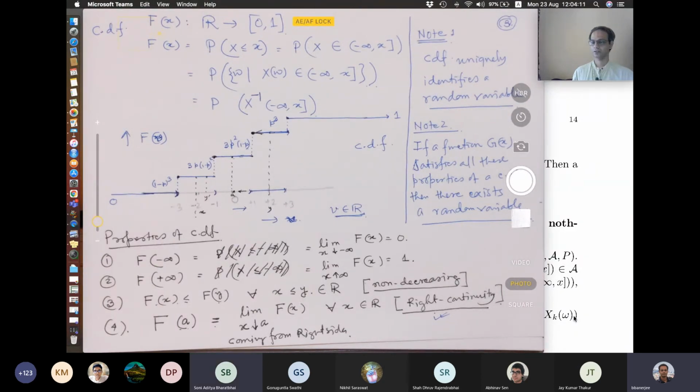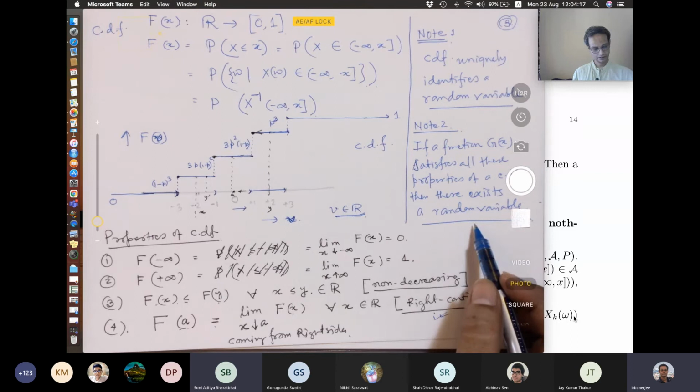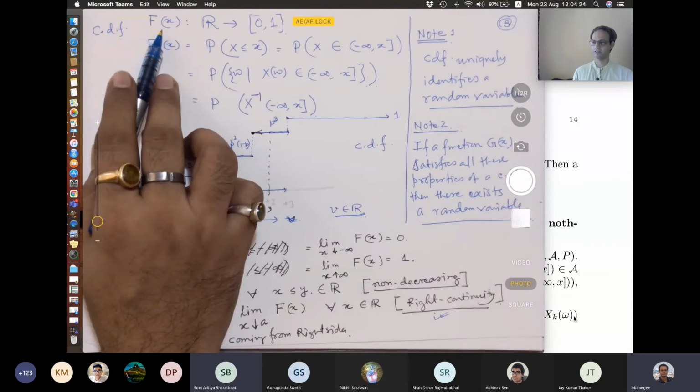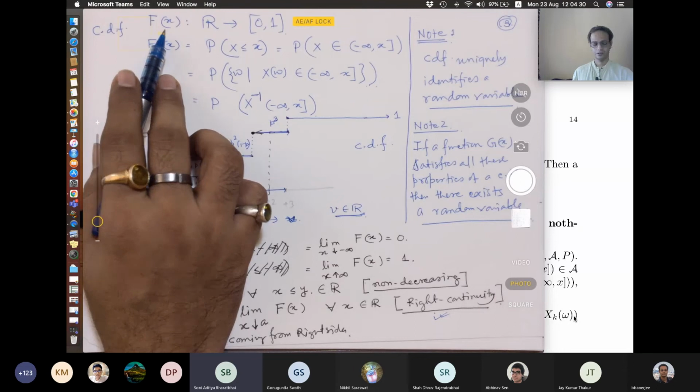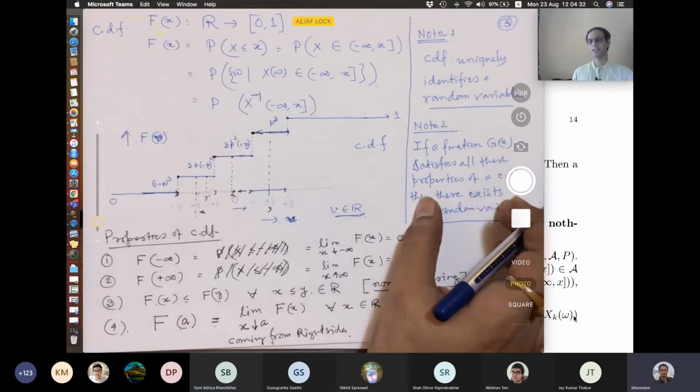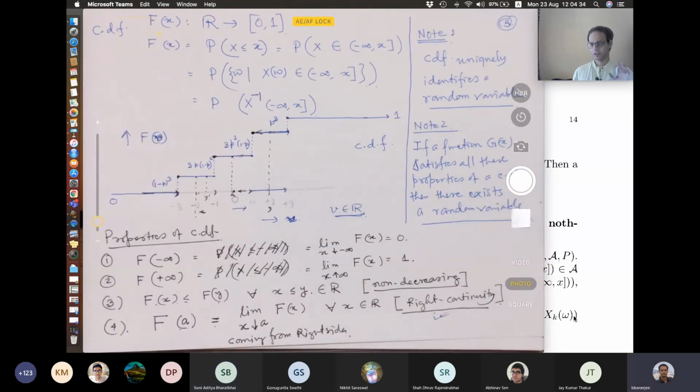Sir, I have a doubt in note 2. If Gx is the CDF, then Gx will be the random variable, no? No. X will behave as a random variable. Fx is the CDF. Understood. So I am talking about in general any function. You define a function from real numbers to 0 to 1. Call it Gx.